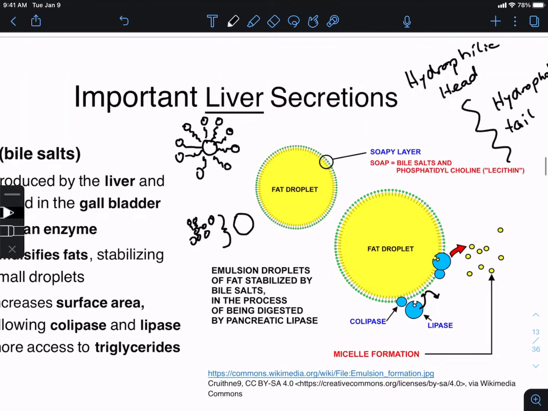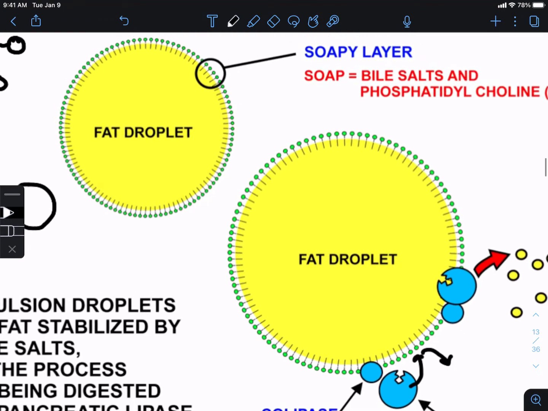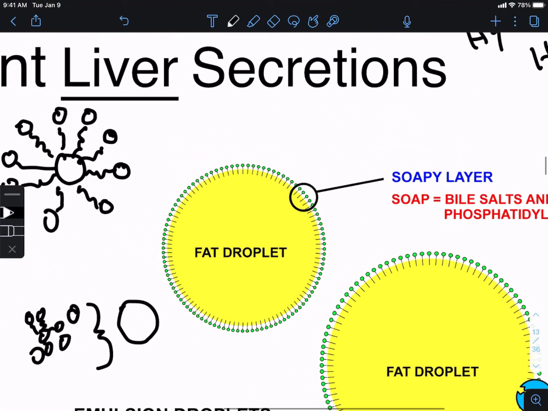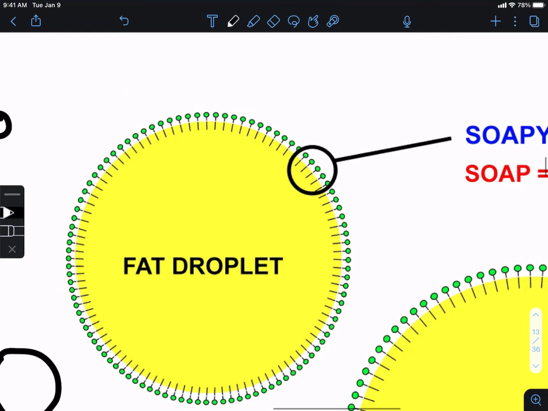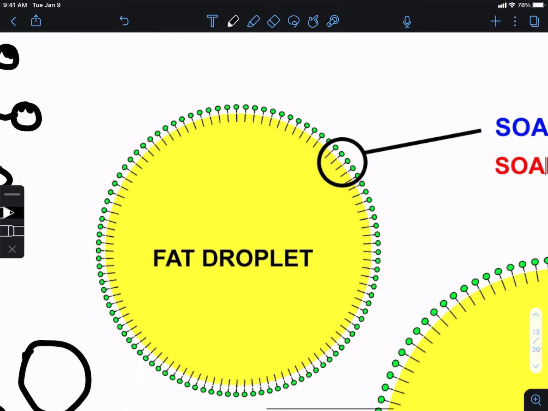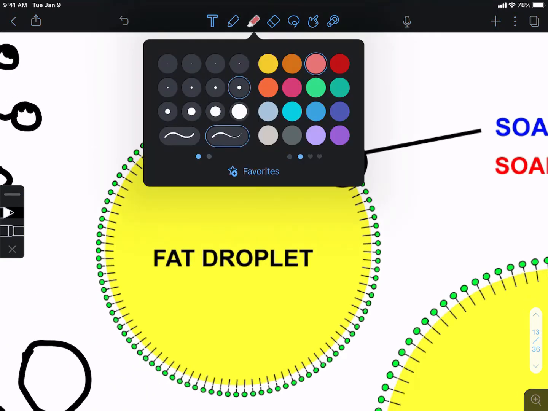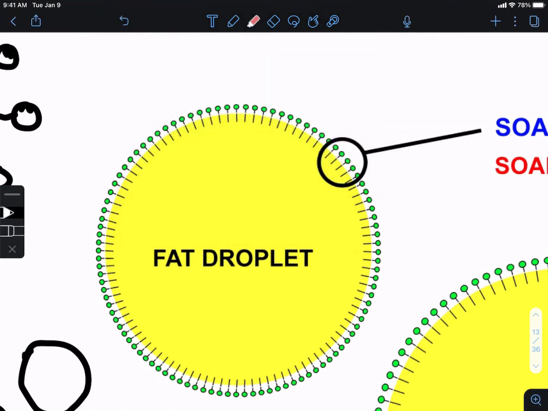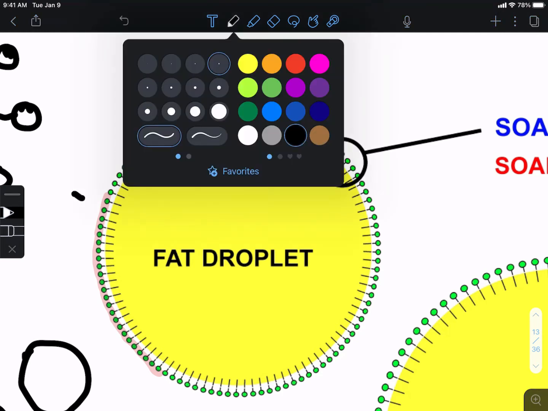We can take a look at that closer over here. So if you imagine that these are very small droplets of fat, let's zoom in over here. Bile acts as a soap. The green circles here are the hydrophilic head, and it's facing the water. So the water is out here.